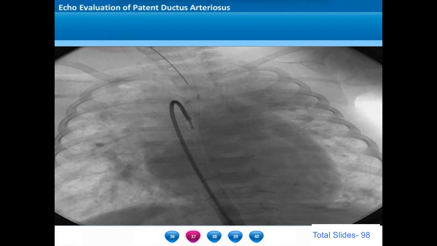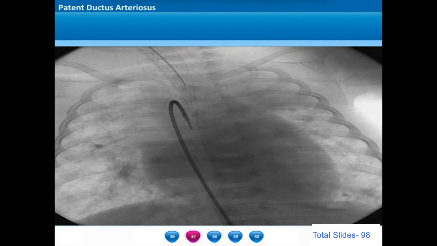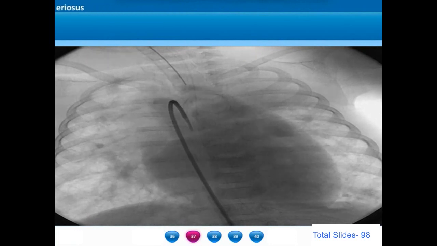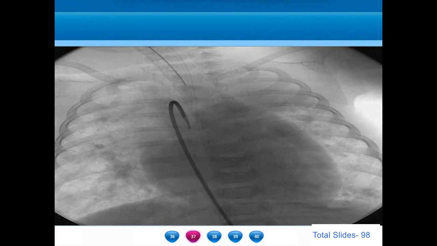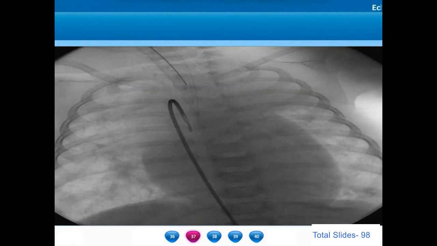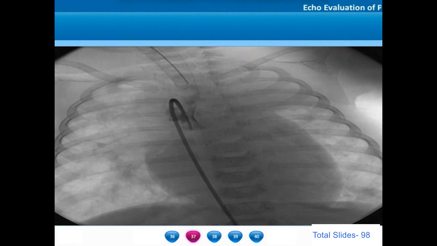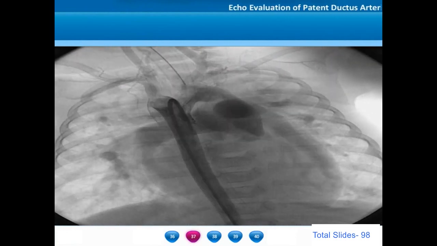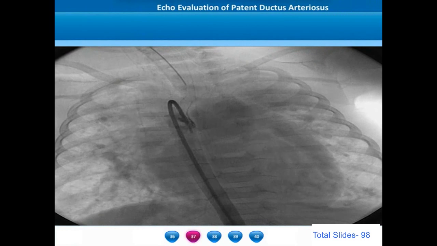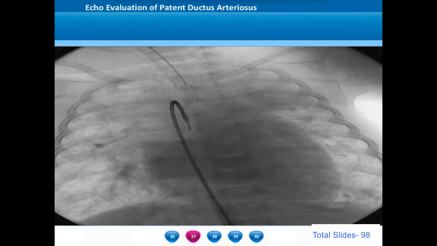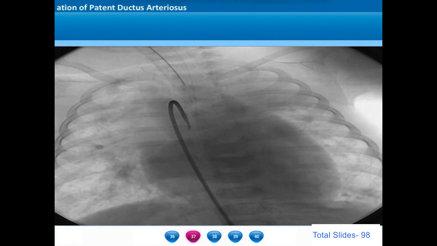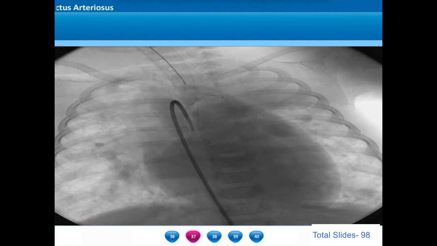So once again, these sort of abnormal PDAs will not be visualized properly in the standard parasternal ductal views and the suprasternal ductal views. So a ductus that is not getting visualized in the usual parasternal and suprasternal ductal views should alert the clinician about a totally different morphology of the ductus arteriosus.